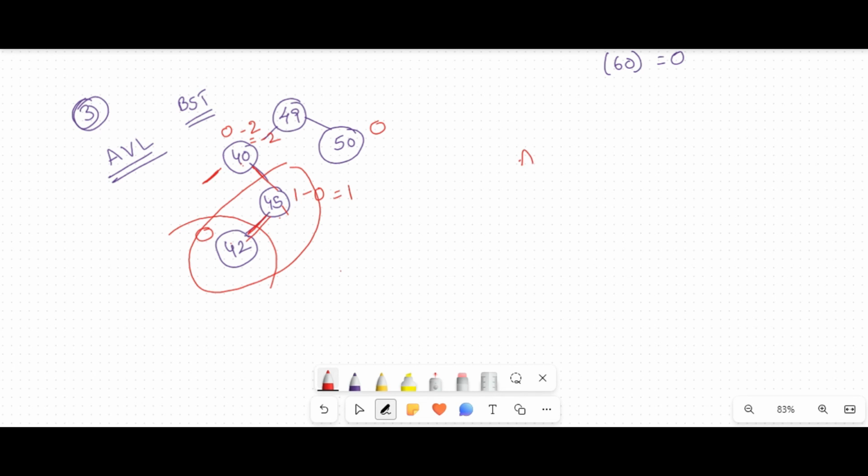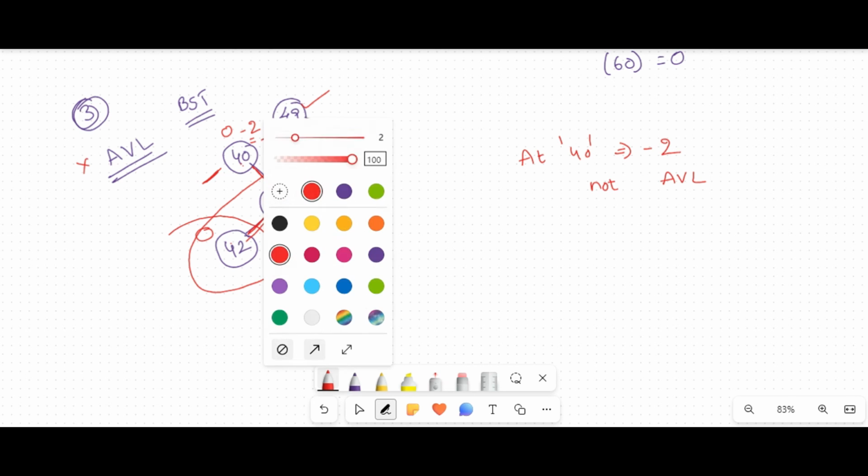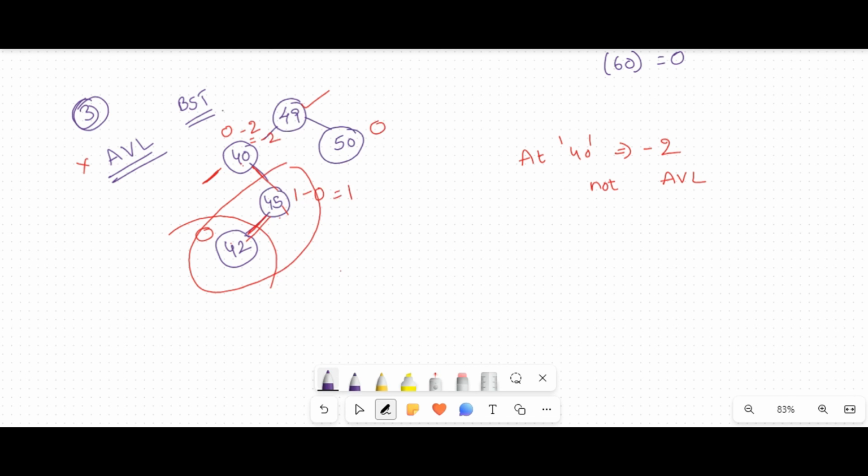So at node 40, the balance factor is minus 2, which is not an AVL tree. You can stop here and conclude that this is not an AVL tree. Okay, but for practice purposes, I am explaining the balance factor calculation at node 49. For 49, this is the left subtree.